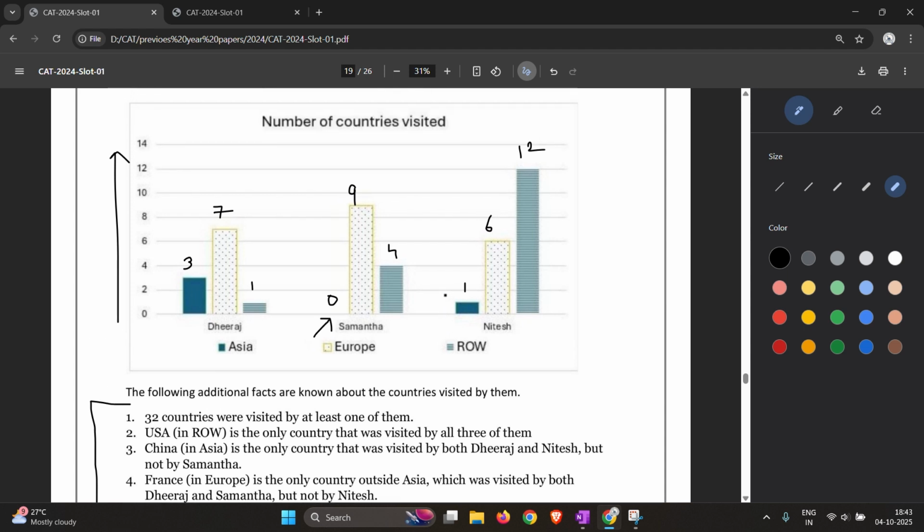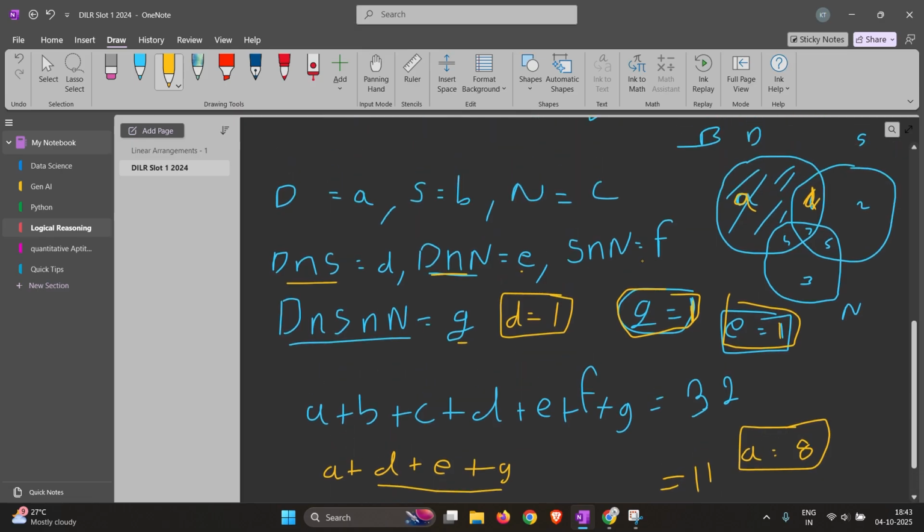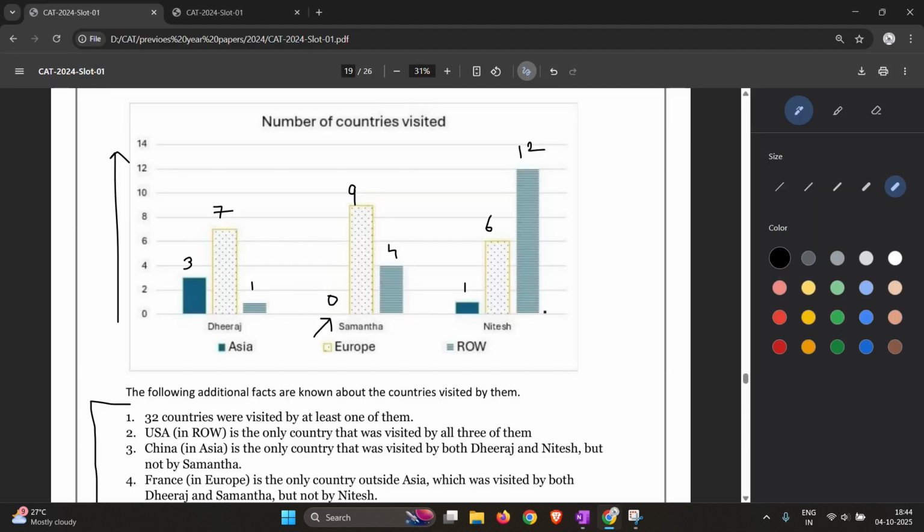Let's go ahead and do more of such stuff. We know that Samantha visited 13 countries in total. So Samantha would be B plus D plus F plus G. We know that D and G are 1, so we get B plus F equals 11. And let's do it for Nitish as well.